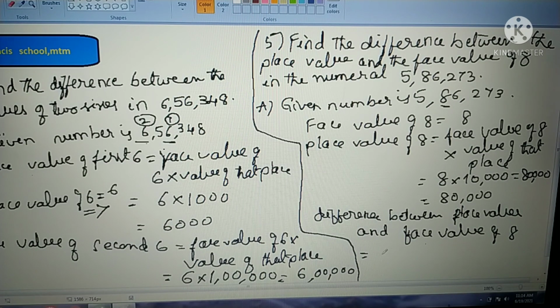What is the place value of 8 here? 80,000 minus what is the face value? 8. How much you get here? 79,992. Okay, is that clear? So first we have to find out the face value. Again we have to find out the place value of 8. Next we have to find out the difference of these two. Okay.